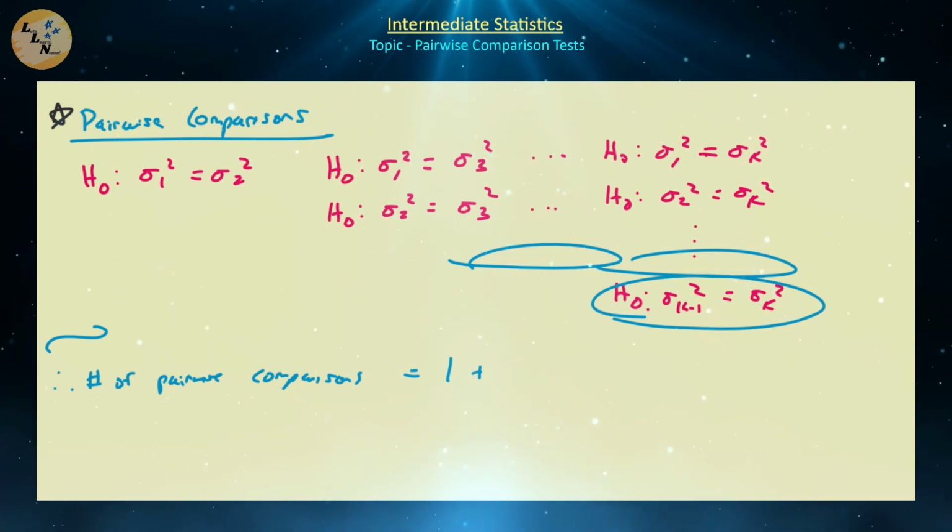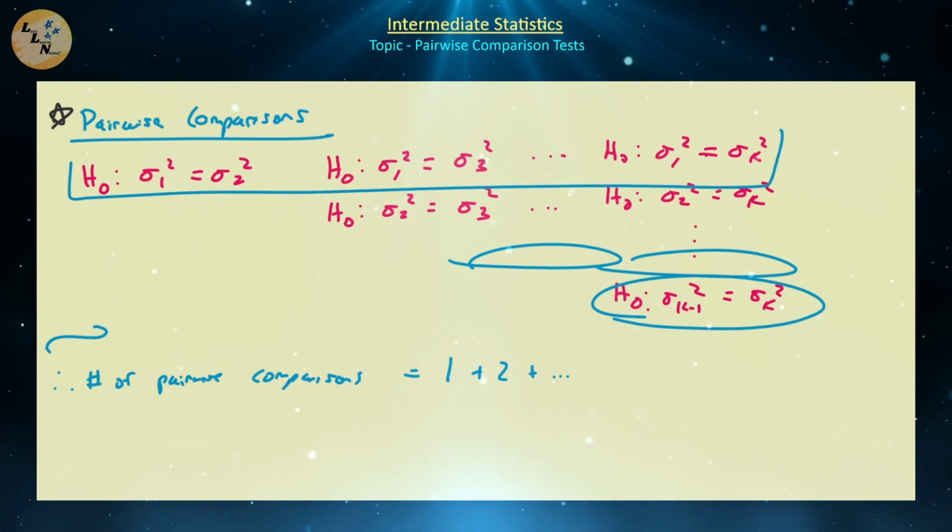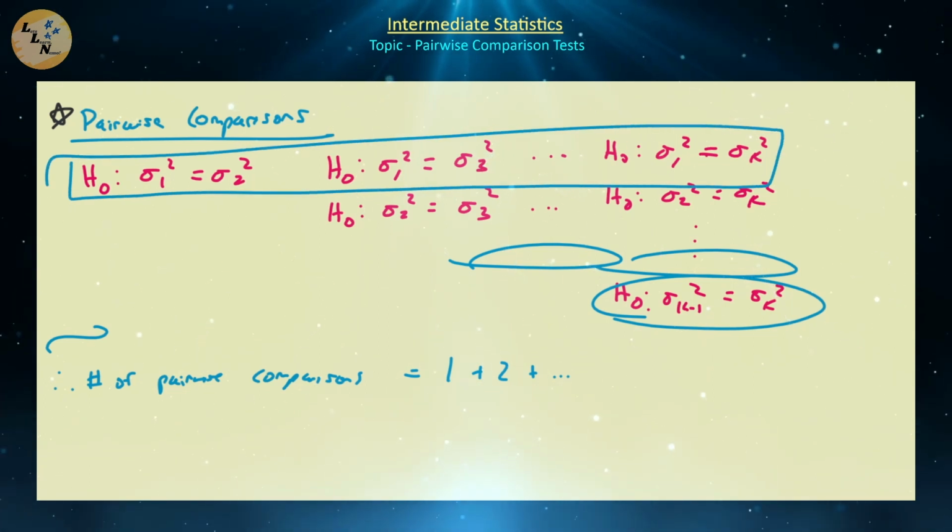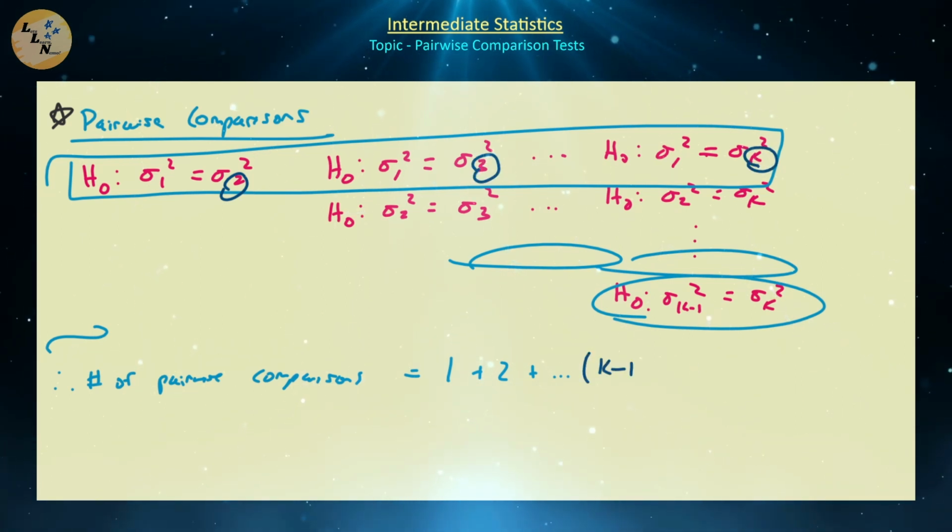So that's going to be 2, and that's going to go all the way out to how many parameters we are comparing. Notice that we're not comparing 1 with 1, 2 with 2, or 3 with 3. We're starting with 2, 3, 4, so we can index that by the second population: 2, 3, down to k. That means there are k minus 1 different pairwise comparison tests in that first row.